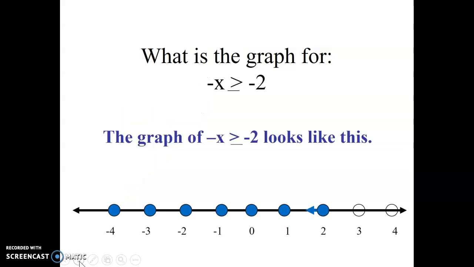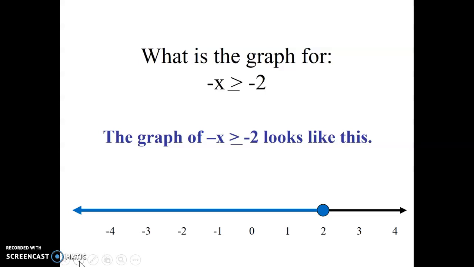So let's look at how we would graph this, okay? The graph of -x is greater than or equal to -2 actually looks like this, which is different from how we're used to graphing. Think about what we would need to do to solve the equation with a -x. That's like a -1 that needs to be divided by both sides.